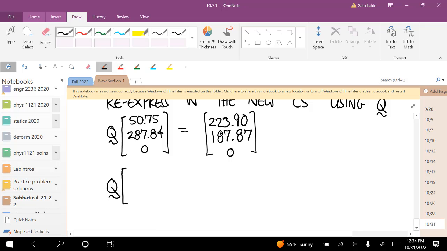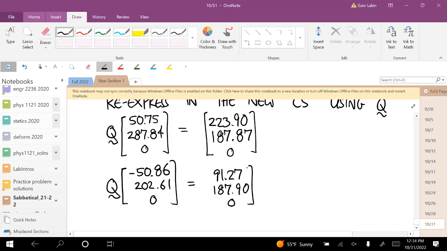Then we have the rotation matrix times negative 50.86, positive 202.61, 0. And that comes out to be 91.27, 187.90, 0.